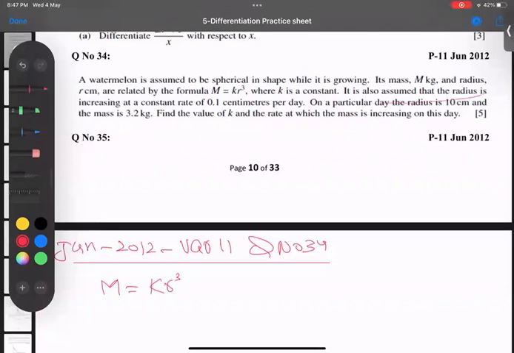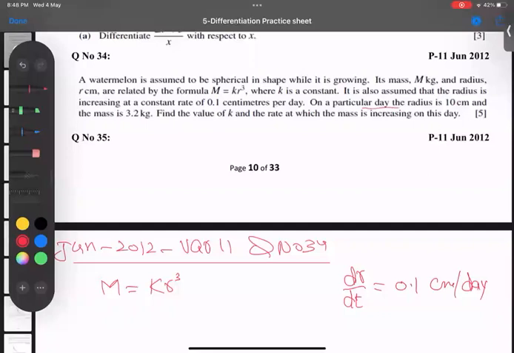It is assumed that the radius is increasing at a constant rate. I repeat, the radius is increasing at a constant rate. Rate means with respect to time, r is changing. So we have dr over dt given as 0.1 centimeter per day.